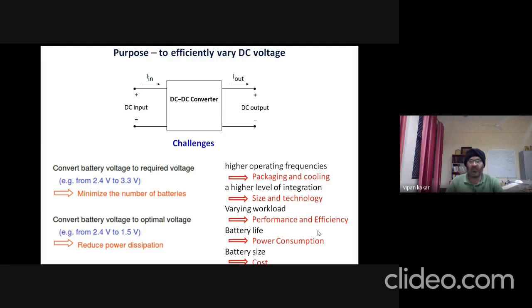And then the cost, it should not be big in size or costly in material and so on. So these are the challenges which make it not easy to design a DC to DC converter, but still we'll start with some basics, and then we'll see how these challenges can actually be overcome.